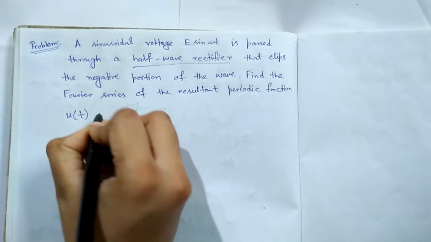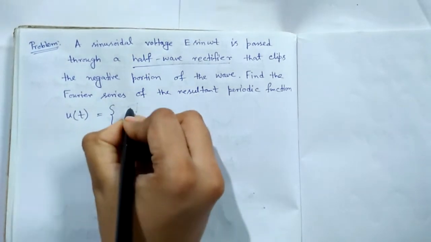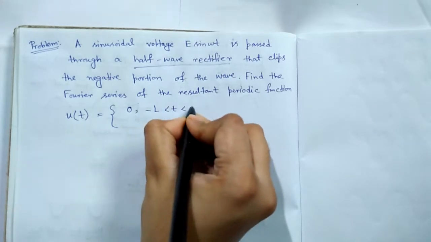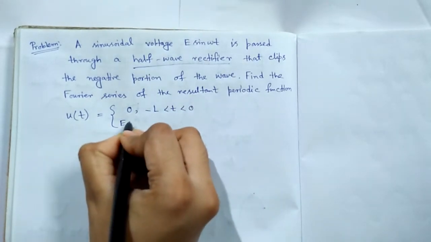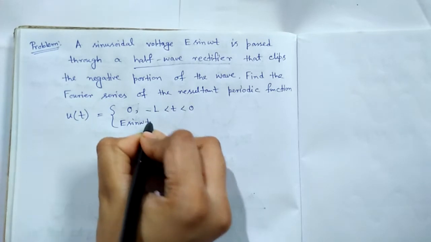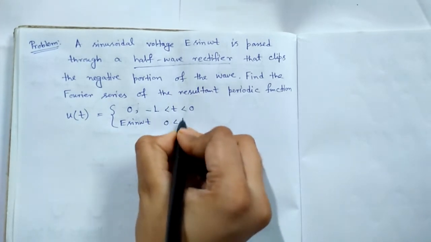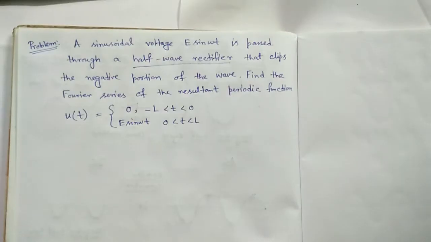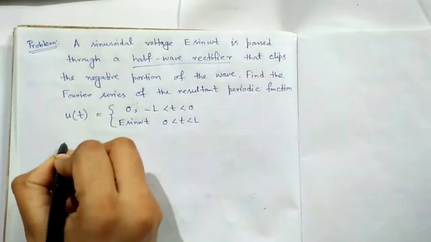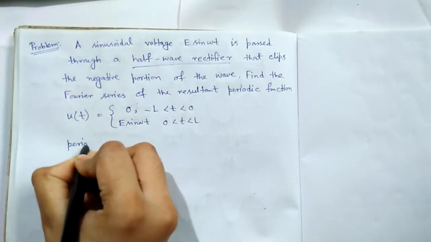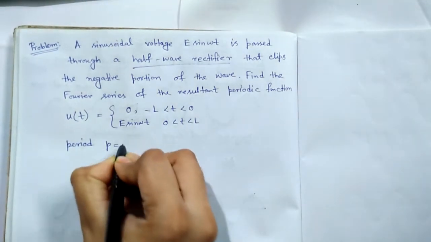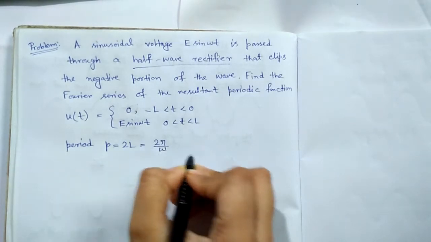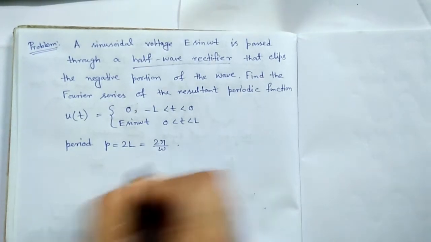U(t) equal to 0 when minus L less than t less than 0, and E sin omega t when 0 less than t less than L, where period P equal to 2L equal to 2 pi by omega. This is given.